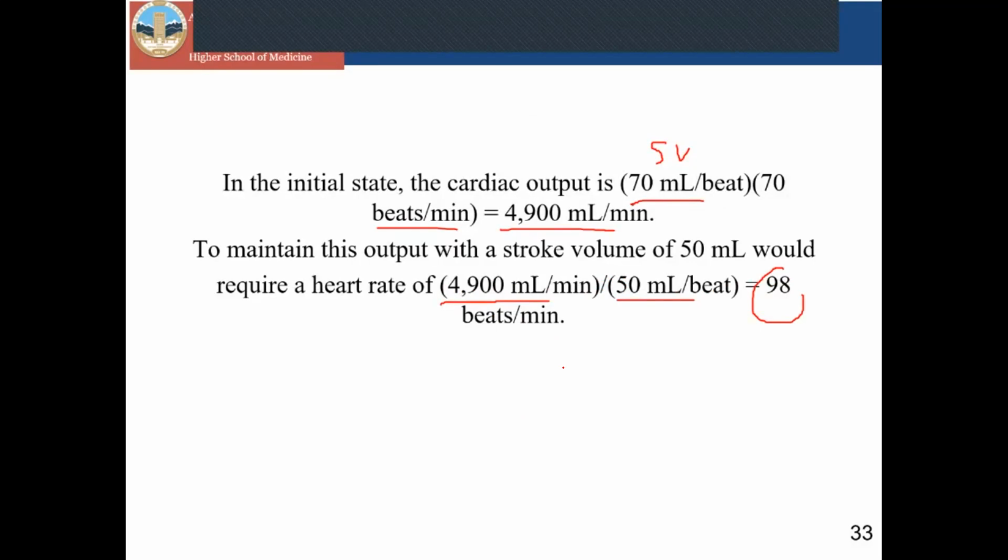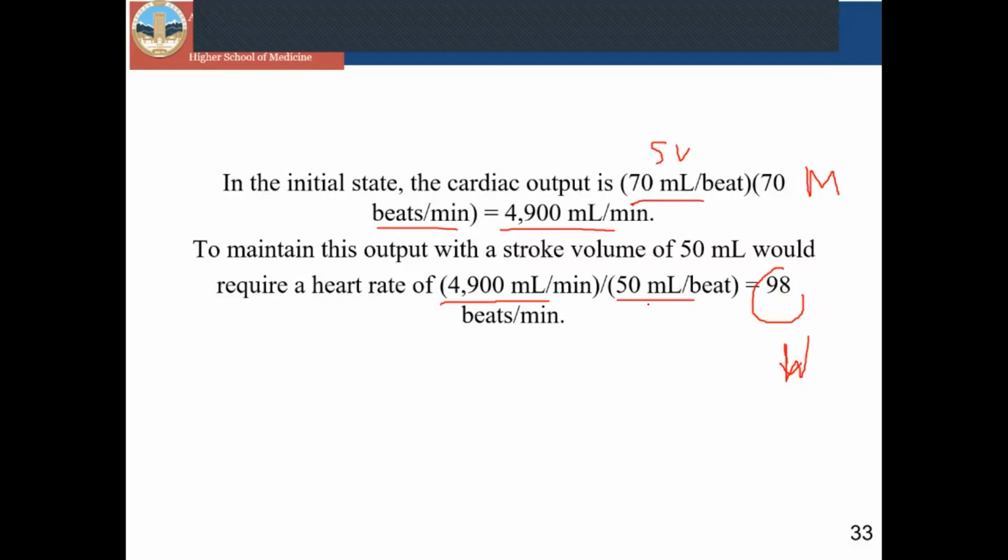Do you remember when we discussed why, for example, males have a decreased heart rate, because their stroke volume is higher? For example, this can be male, this can be woman, but it's tachycardia.